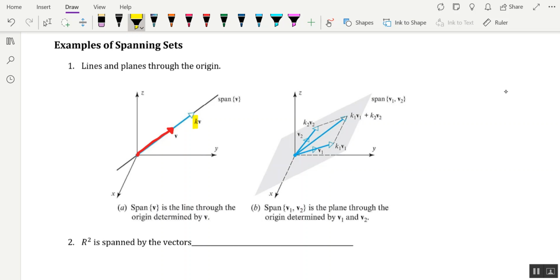As you collect those different vectors with more and more values of k, you form this line that goes to the origin. This line would be the set of all linear combinations generated by our vector V, which is why it's written as span of V in set notation. So in this case, the set S referred to back in that theorem would simply consist of the vector V.